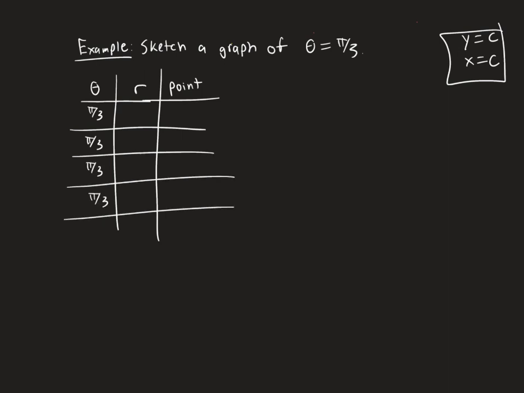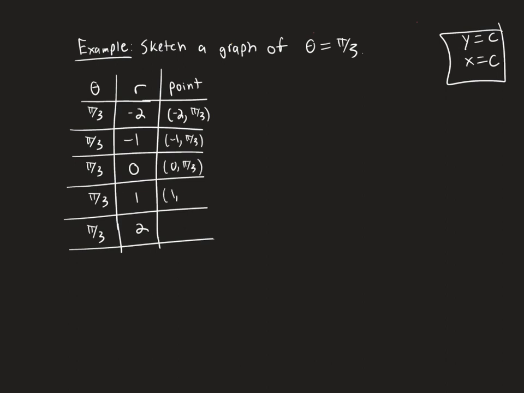Pi over 3, pi over 3. So all of the theta values are always the same. And then we just pick a few r values that we think might be useful. So let's do -2, -1, 0, 1, and 2. These corresponding points are -2, pi over 3; -1, pi over 3; 0, pi over 3; 1, pi over 3; and 2, pi over 3.